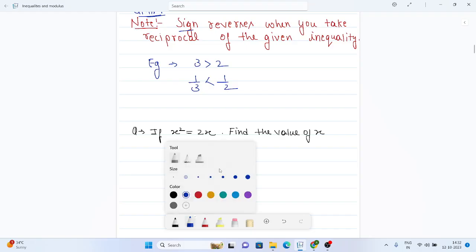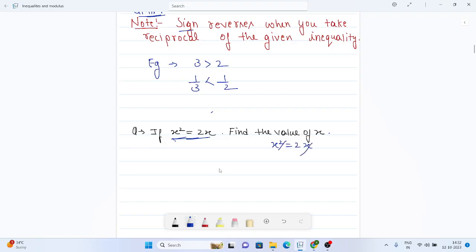Okay, so I solve this. First thing is that when this type of equation is given in inequality or modulus, you never cancel this variable and get the answer x equal to 2, which is totally wrong, because it is a quadratic equation, so it has a maximum of 2 roots.